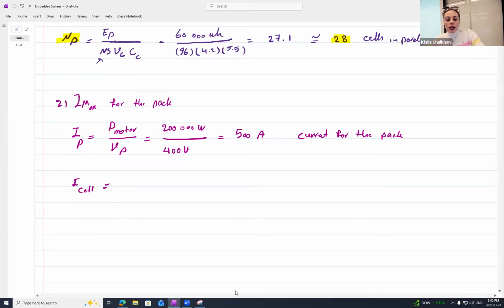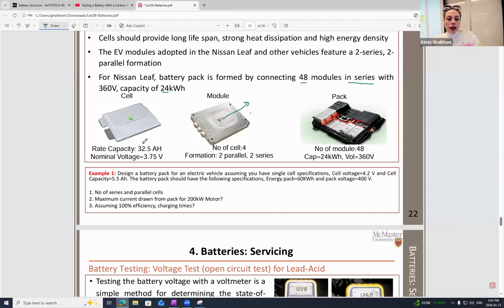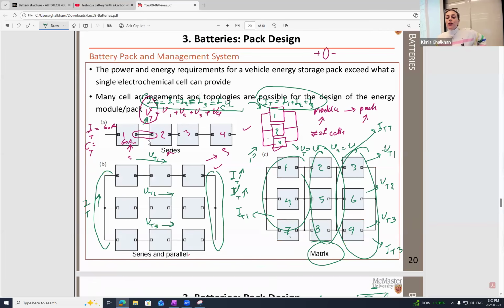I'll go back to here. What will remain the same? Look at here, I explained it. What's the difference between series and parallel connection? In parallel connection, current is going to be added up. Therefore, I can simply use this method in order to calculate.